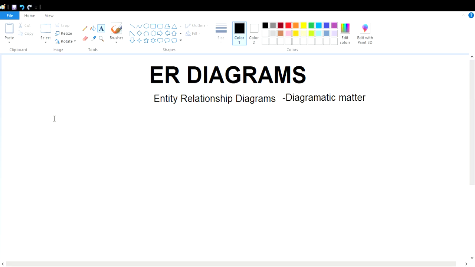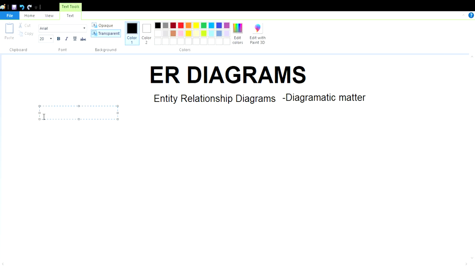The main concepts involved in ER diagrams are entity, relationships, and the next one is attributes.